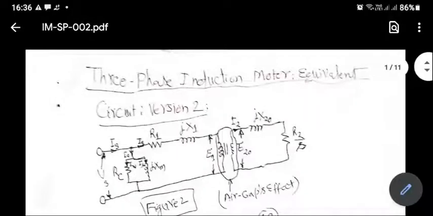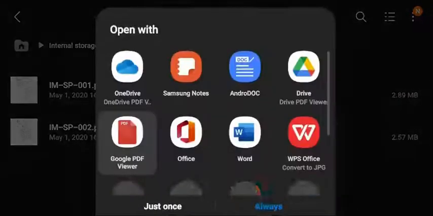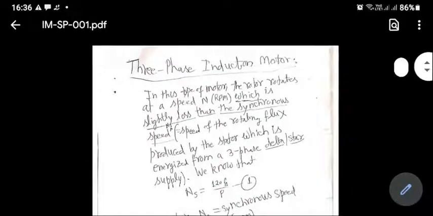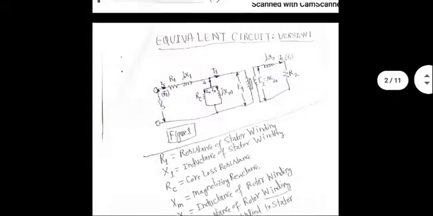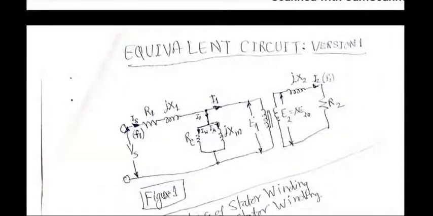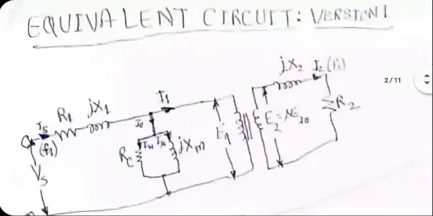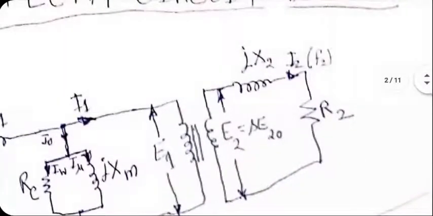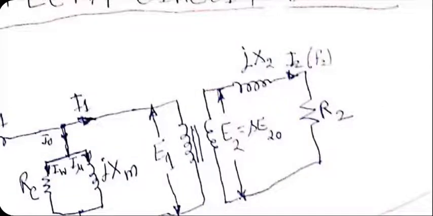Okay, let me go back to that previous document. Maybe I'll explain from there. This was the equivalent circuit we had agreed to use, right? The rotor current I2 in this circuit will be E2 divided by R2 plus jX2, right? And E2 is S times E2 naught.